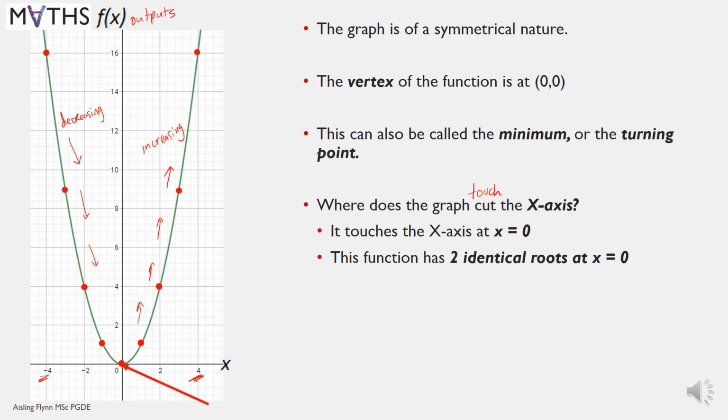Now what does that mean? We had root for the linear functions, and it was where the function touches or crosses the x-axis. Here the root can be seen at x equals 0, but in actual fact there's two roots, and let me show you how you would get that algebraically.